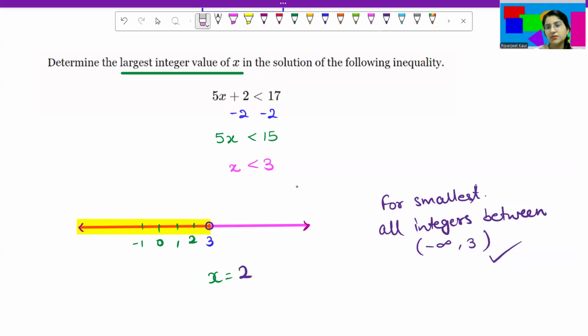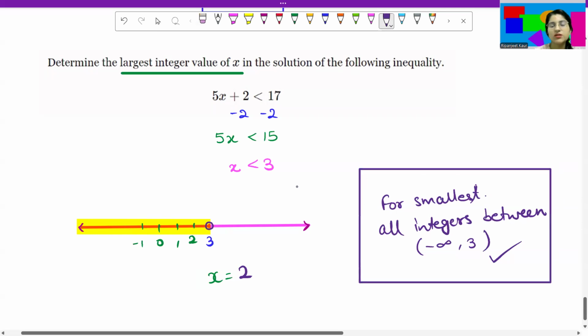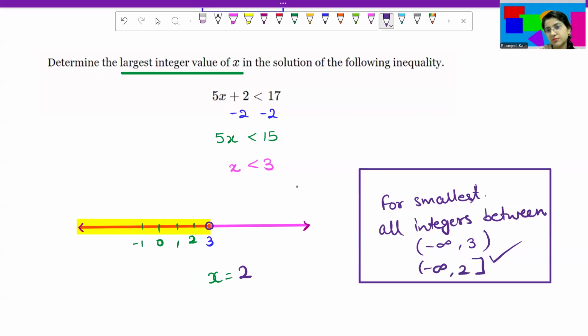It would be 2, but for this one it will be correct. You will know later what brackets mean. There is one more solution, which is this, and we will be learning how the solutions are like that. Okay, so this is the solution that we got for this.